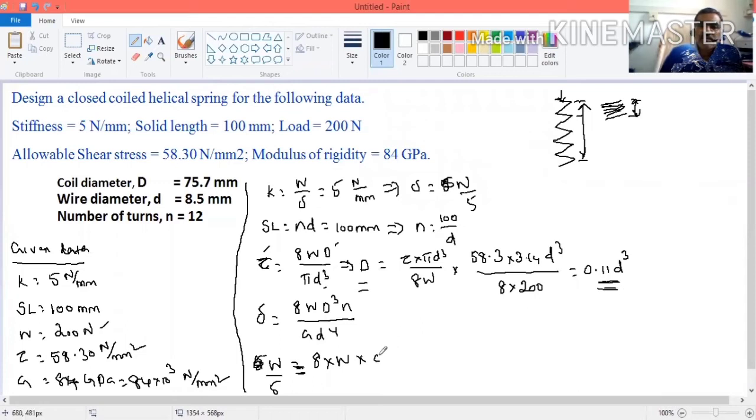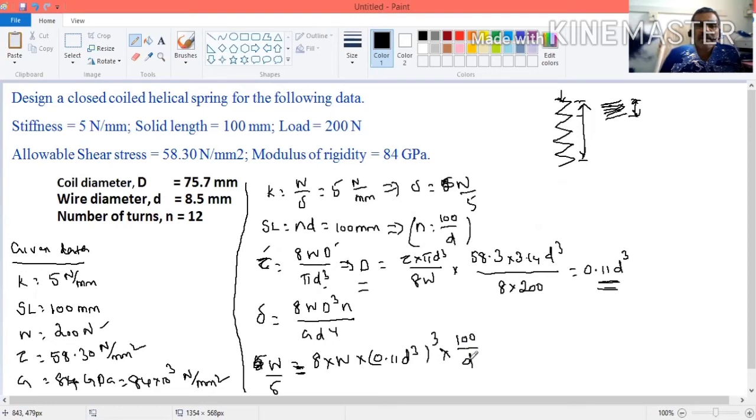Then it is 0.11 d cube, the power 3, into n. What is the value of n? We have an equation, n is equal to 100 by d. So 100 divided by d.